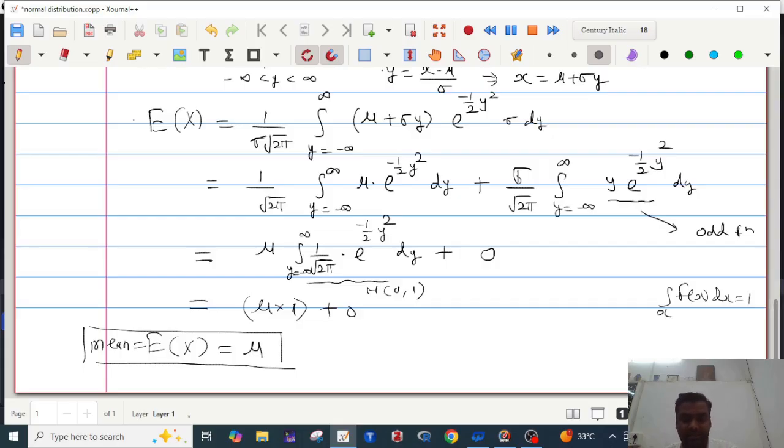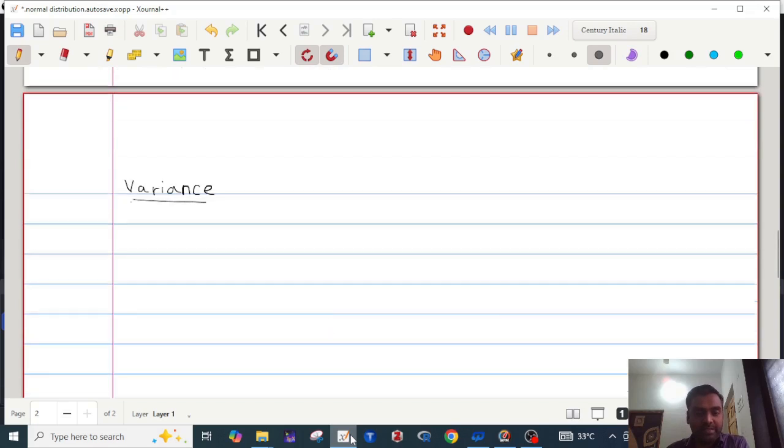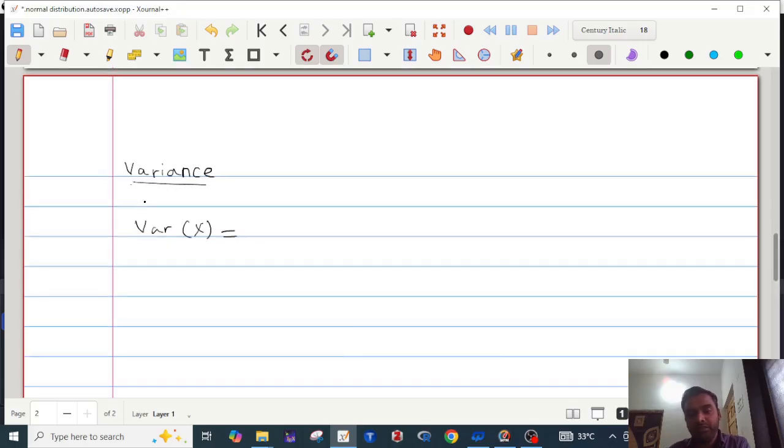Now let's try to find out the variance of normal distribution. So variance is defined as, we can compute variance in two ways.